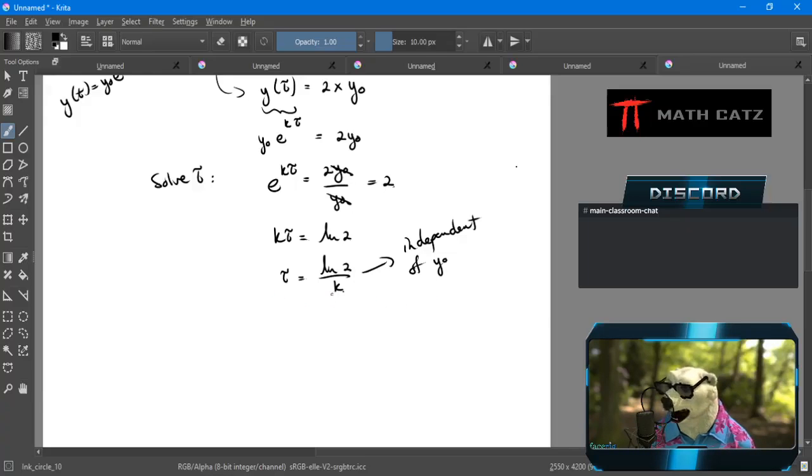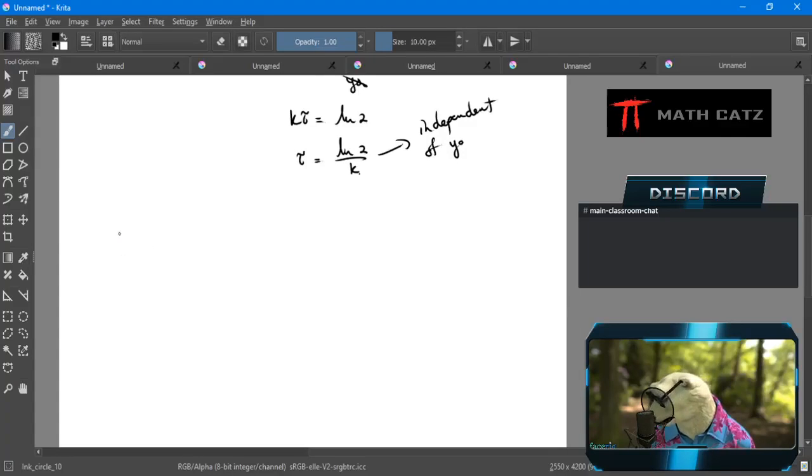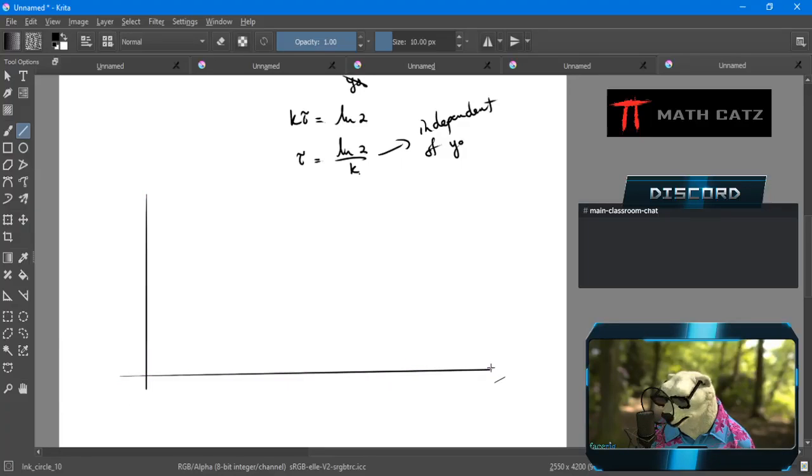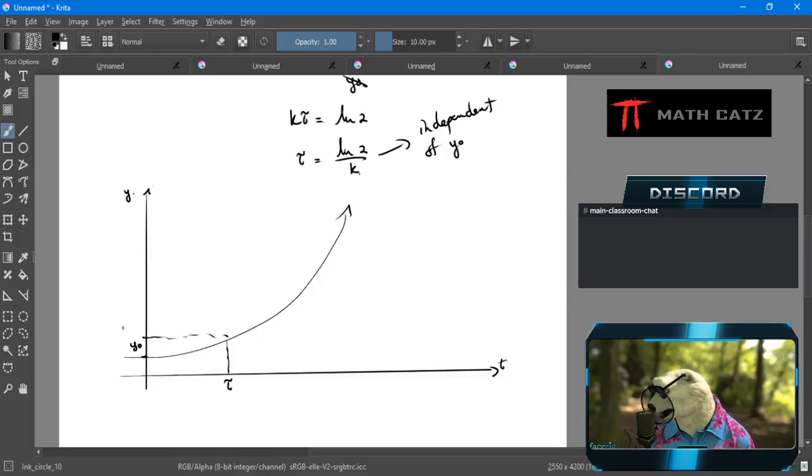It's a property of the population and how it grows. So if I were to graph this out quickly, I have my population size, my exponential growth here. Whatever I start with, it's going to take a certain length of time, tau, to double to twice what it was.